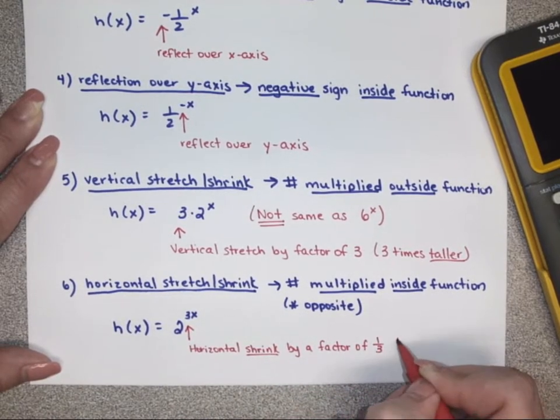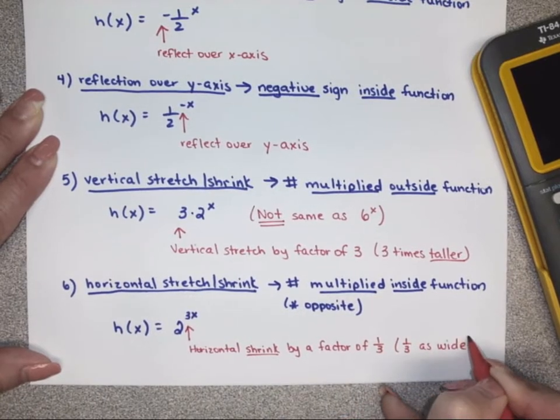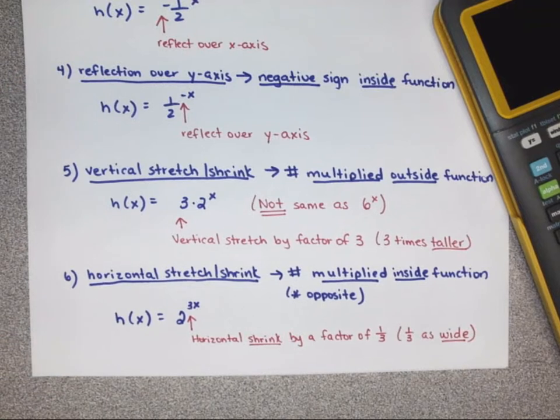In other words, it's 1/3 as wide. Why is it width now instead of height? Back in example 5 it was height, so why is it width now in example 6? Because it's a horizontal stretch and shrink, right? So we're talking about how wide it is or how narrow it is.